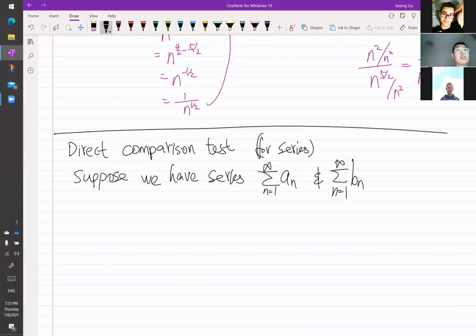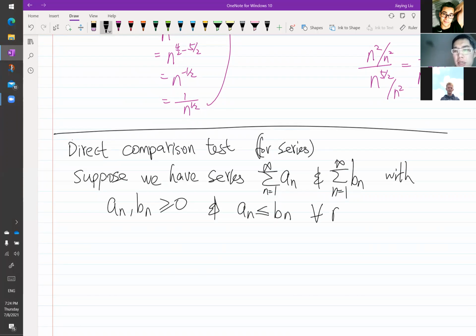So those are two series, an and bn, with an and bn positive all the time, so greater than or equal to 0. So an, doesn't matter what n is, is always positive, bn is always positive, and an is less than or equal to bn all the time.